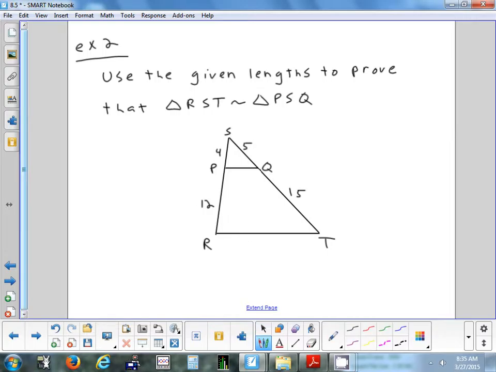All right, so my goal is to prove that RST is similar to PSQ. Prove the red and the green triangles congruent. Okay, we don't have to write a formal proof. We'll write the steps and then write down what theorem you used.